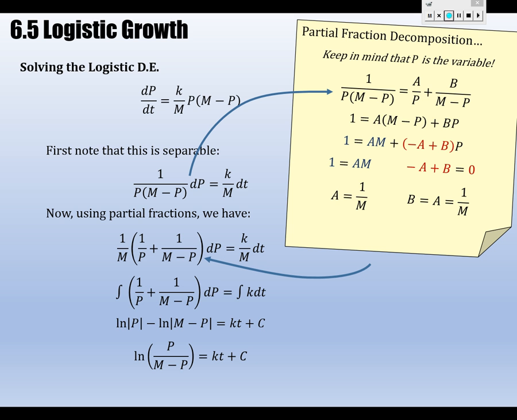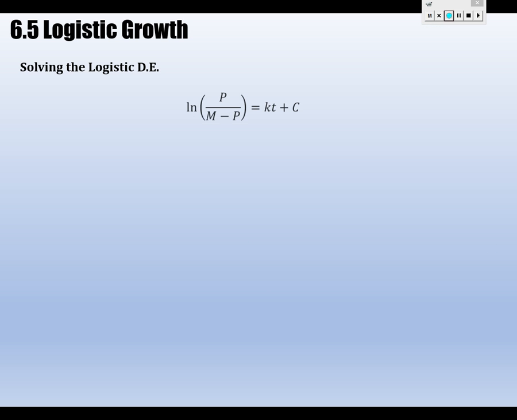There's still a long way to go here to solve that equation for p. But we are in algebra land now. There's no calculus to do here. This is just solving that for p. Okay, let's do it. Well, the left side is p over m minus p. And we can raise e to the power of each side. And then we still need to isolate p, which takes a little bit of algebraic work.